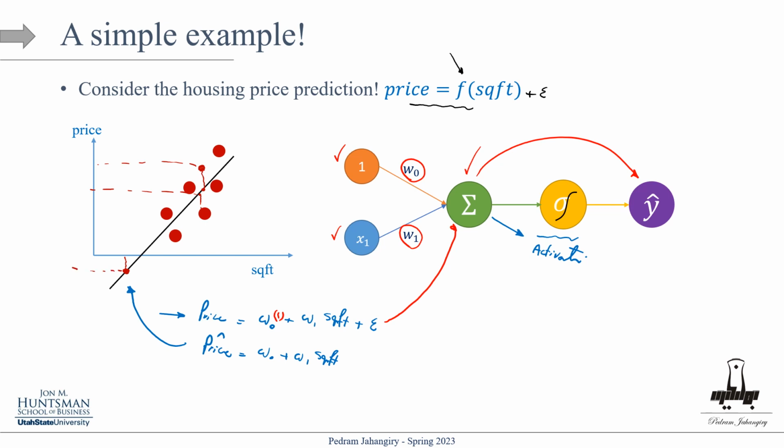We know that we don't have a negative price, so we hope that we get something like a curve that behaves like this, and when it hits this horizontal axis, it does something like this.